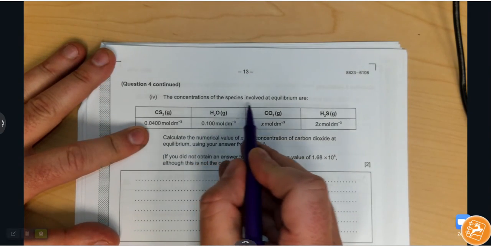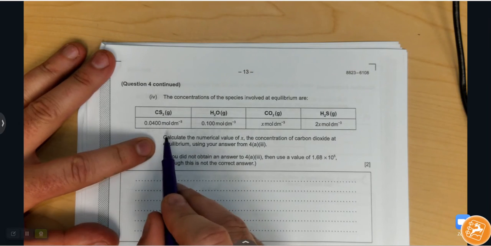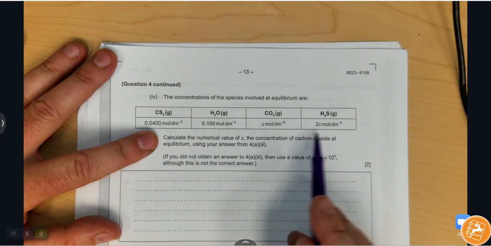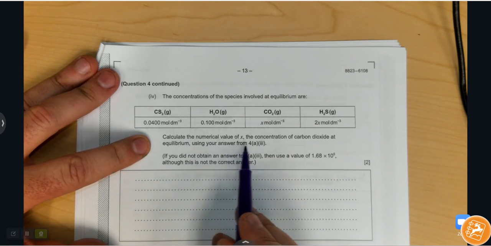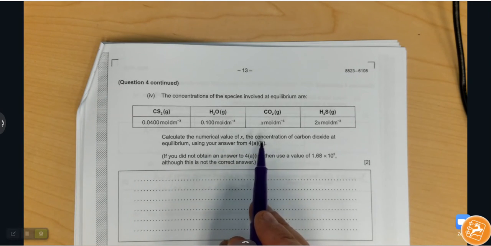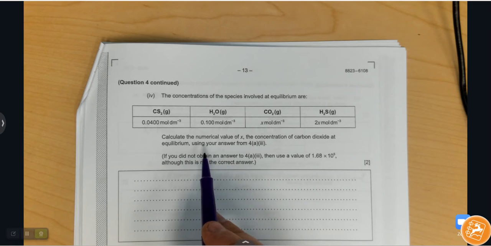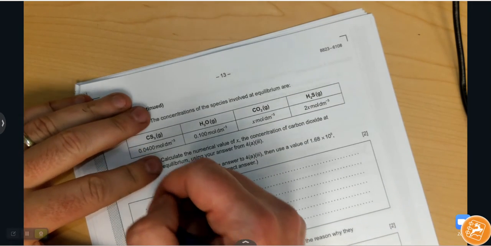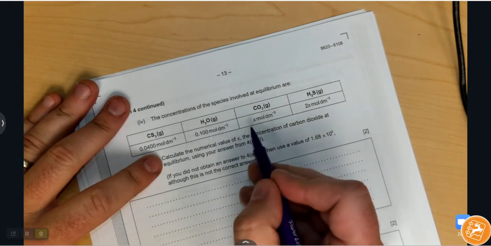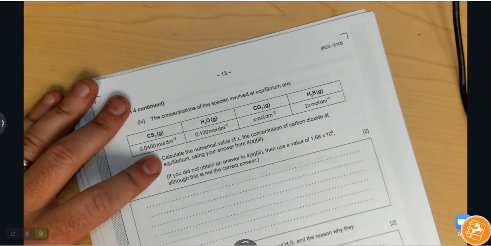Moving right along, just to keep things snappy. The concentrations of the species involved in the equilibrium are, so we're given equilibrium concentrations, X and 2X. Calculate the numerical value of X, the concentration of carbon dioxide at equilibrium, using your answer from 4A3. So essentially what we are given are some equilibrium concentrations and we need those.